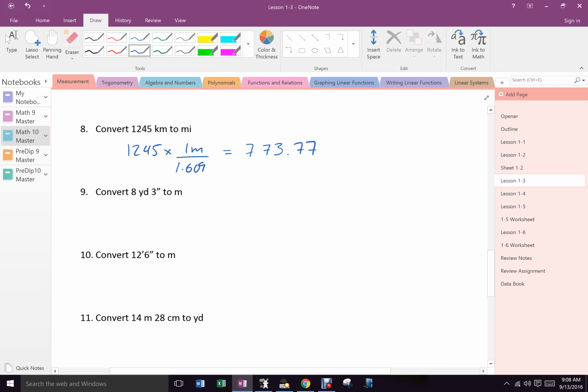Why is number 8 trouble? What's weird about 8? There's going to be decimals. What's weird about 8? Or, sorry, not 8, 9. Duh, learn to read. What's weird about 9?